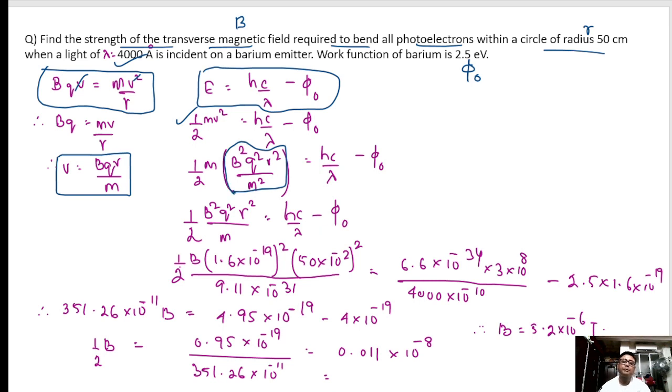v square. Okay, so now what we are doing, one m cuts, this is the value. So we have to find out the work function, that means we have to separate the phi naught from here. Sorry, we have to find out the magnetic field B. So we have to find out the B, correct? So this is the Q, this is the R, this is the M, equal to hc by lambda minus phi naught.